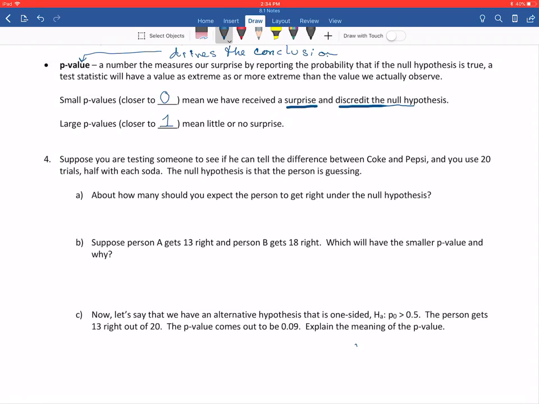So let's look at another example here. Suppose the test you're performing is to see if someone can tell the difference between Coke and Pepsi. You use 20 trials, half with each soda, and the null hypothesis is that they are guessing. So I could write something like H naught is the person is guessing.